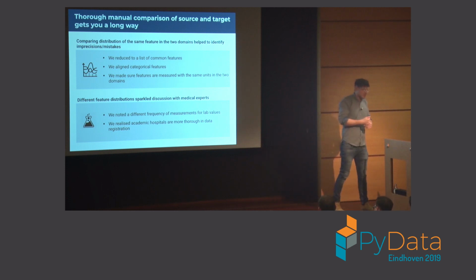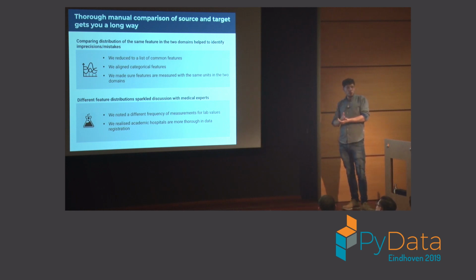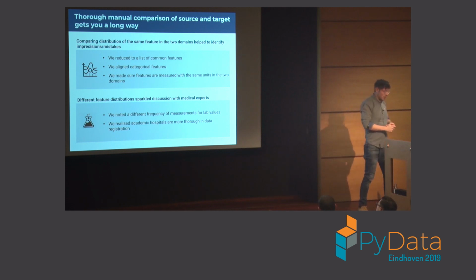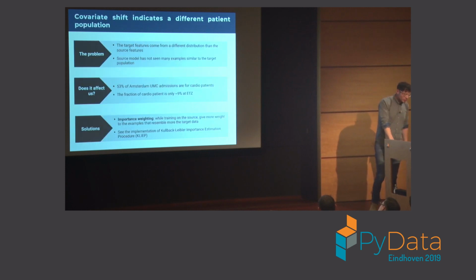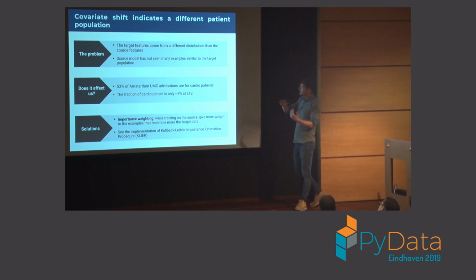But then we realized that one of the two hospitals had daily, routine batteries of tests that they do every day, while in the other one, the doctor actually has to order the different lab results, and that can explain the difference.